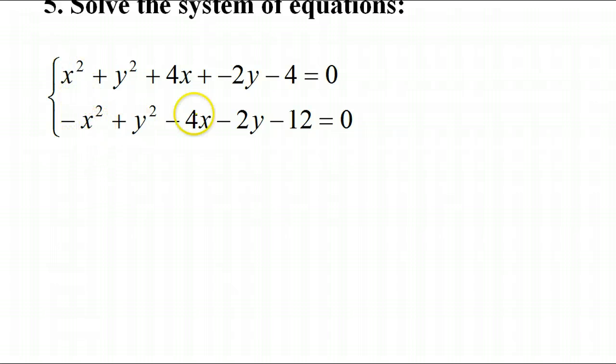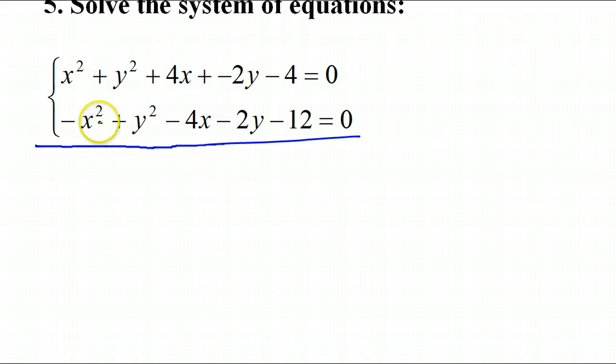In fact, both pairs of x's are set to cancel. Sometimes we set these equal to each other, but it's better to just leave these exactly like they are and just combine like terms. These x's are going to cancel out, and these x's will cancel out.